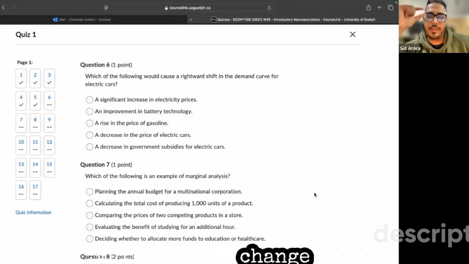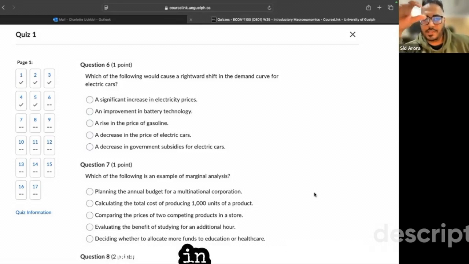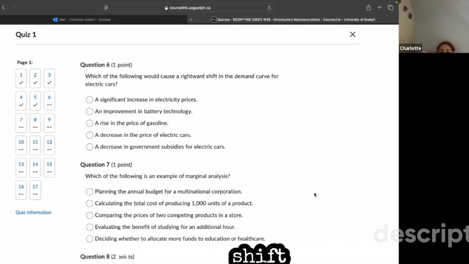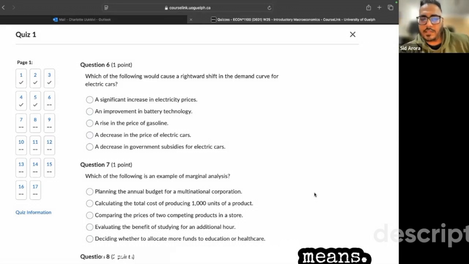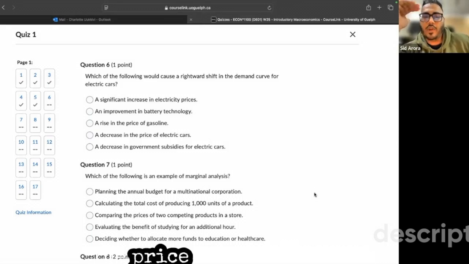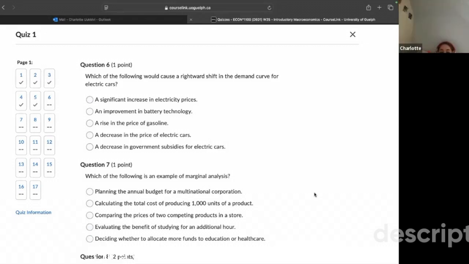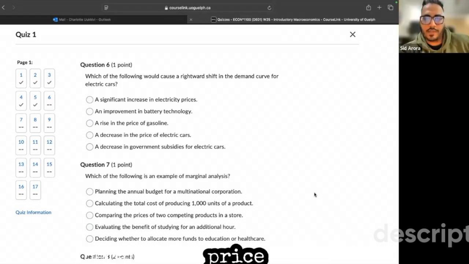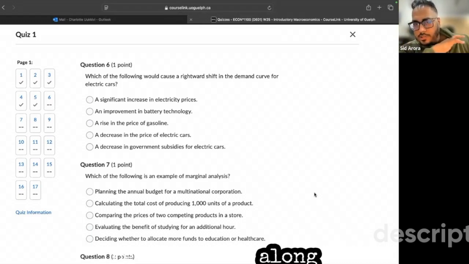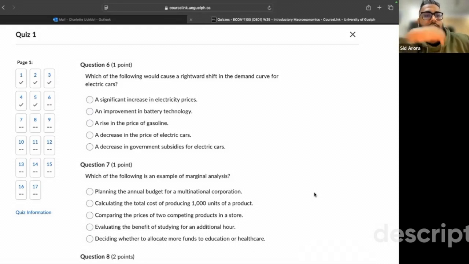If there's a change in the price of the good itself, which in this case is electric cars, that always results in a movement along the demand curve. If there's a shift in the demand curve, that means the price of the good itself did not change. Something else changed. It's not going to be four because the price of electric cars is changing. That would be a movement along the demand curve, not a shift. So it's going to be one of the other four. And I think you said the third one, right?